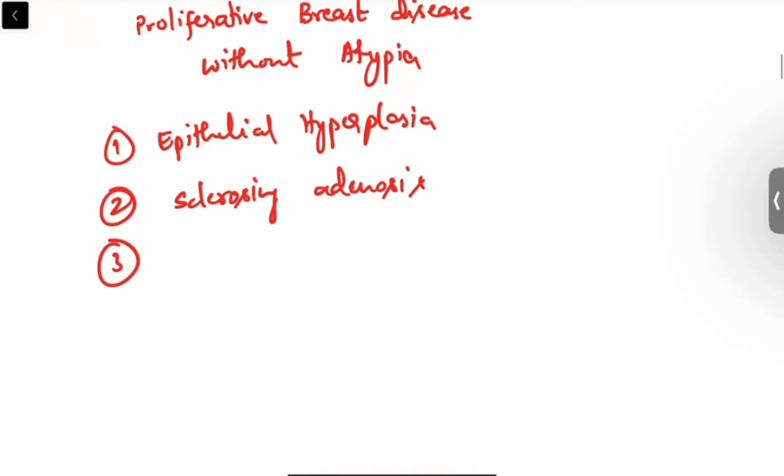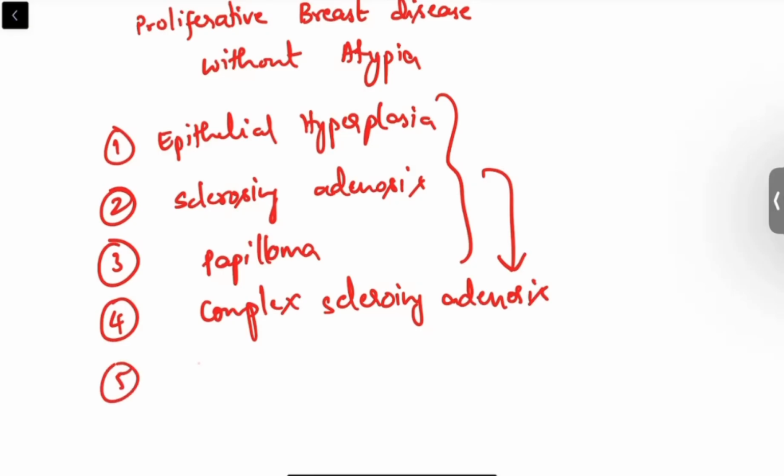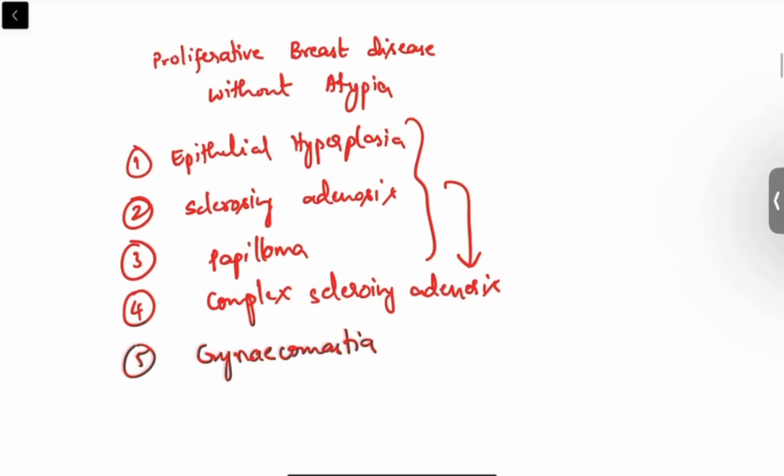Third one is papilloma, which can be small duct papilloma or large duct papilloma. Then complex sclerosing lesion, which is a mixture of all the above three things. And fifth one being gynecomastia. So these were the proliferative breast diseases without atypia.